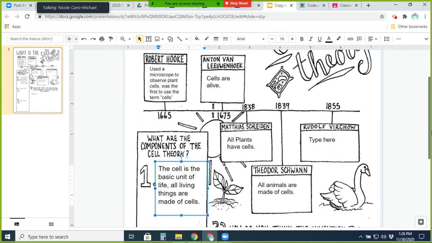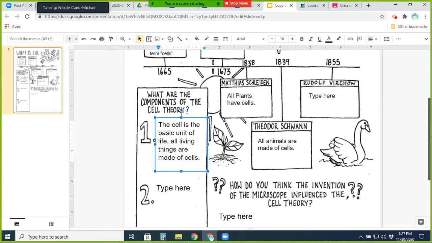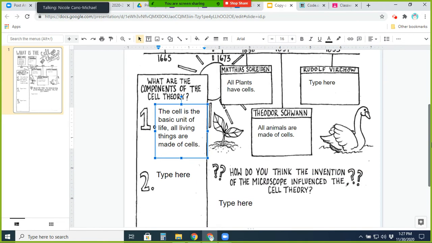Okay, so that should sound familiar. And the reason why it should sound familiar is because that is one of our 8 characteristics of all living things, the fact that all living things are made up of cells. Now, again, you might have a single cell organism like Van Leeuwenhoek looked on in the pond, or maybe it's a multi-cell organism like your dog or a cat or a tree.